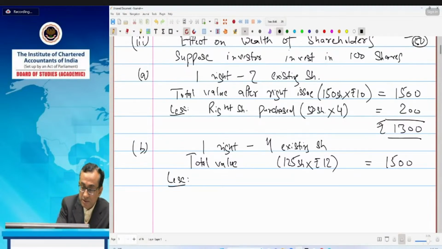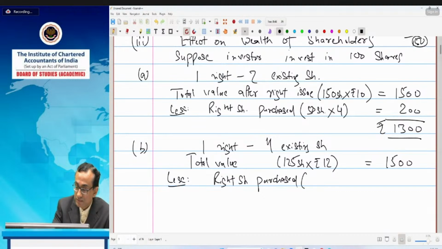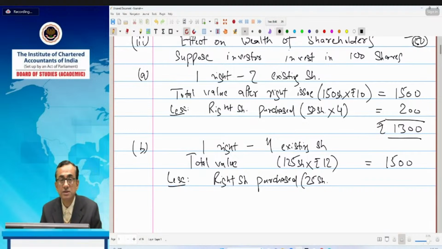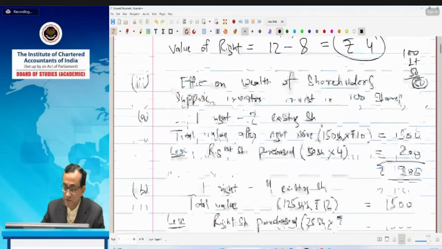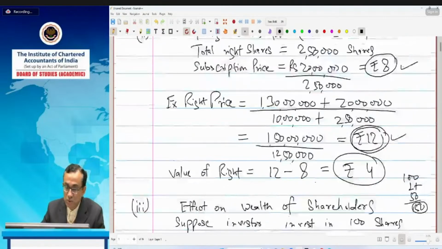From this, we will deduct the amount of the right shares purchased, which is 25 right shares into the subscription price of right in situation 2.